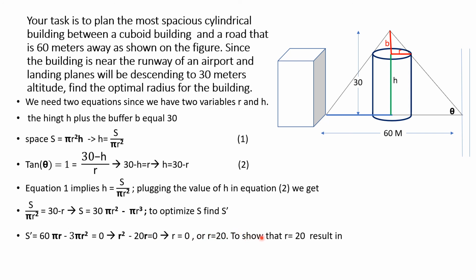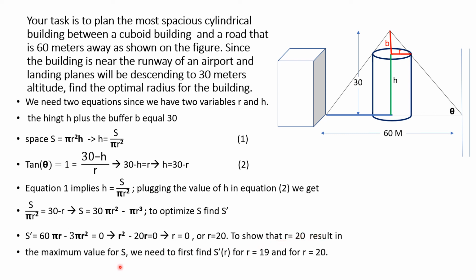To show that r equal to 20 results in the maximum value for S, we need to first find S prime of r for r equal to 19 and for r equal to 20. And if we do so, we have to plug in 19 for r.